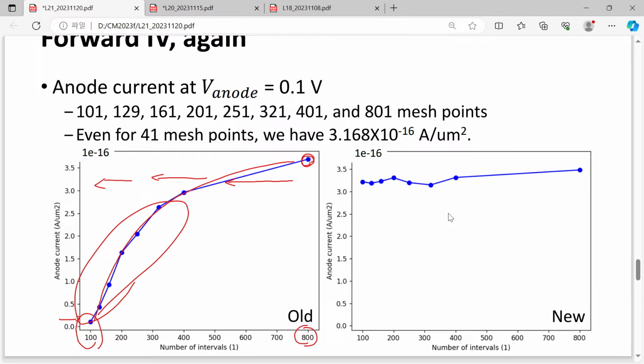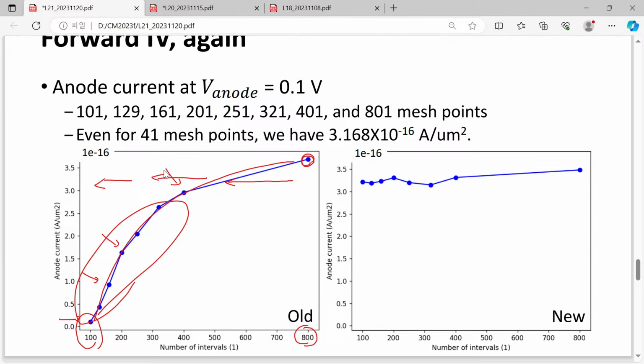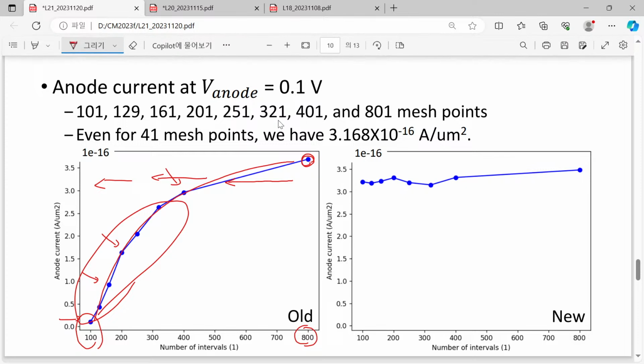Actually not. You don't know whether your grid point is located here or there. So what you can do is always increase the number of mesh points and check. Although I have spent, for example, 400 mesh points, my current seems to be just 3.0.